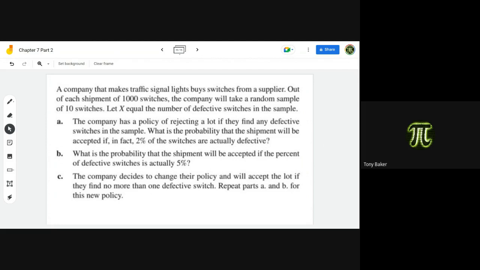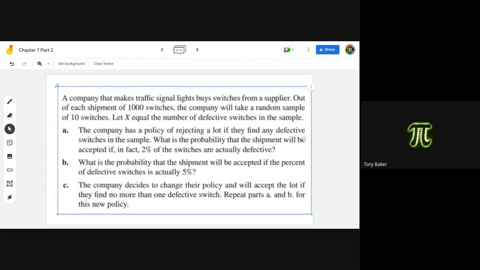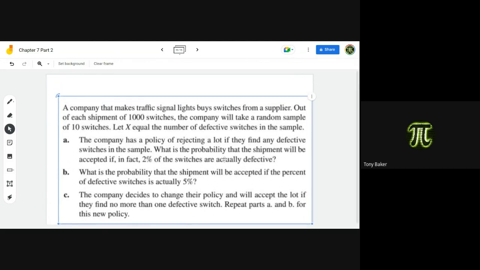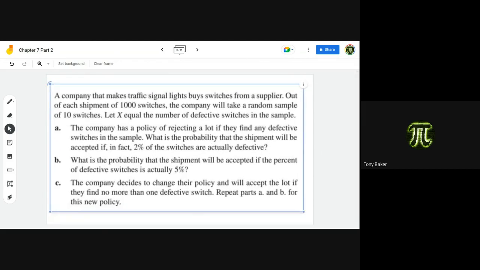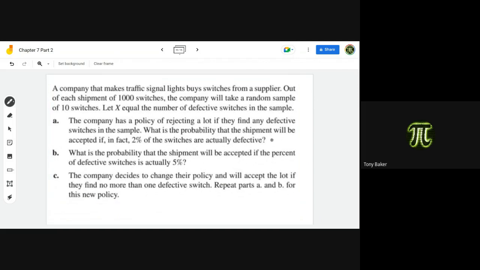P is going to change to 0.05. So now we're only accepting 59.9%. So this was 81.7, and this was 59.9%.